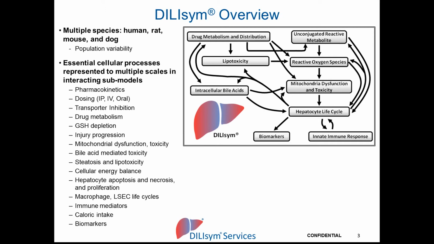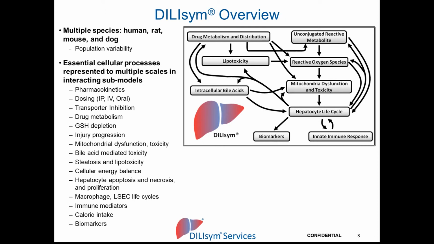And this diagram is a summary of the key submodels and how they interact. Starting from the upper left, you can see we have our submodel of drug metabolism and distribution that then predicts the exposure of the parent and any metabolites within the liver.